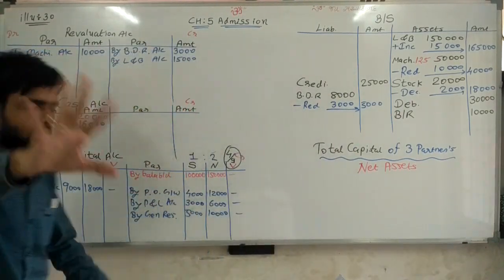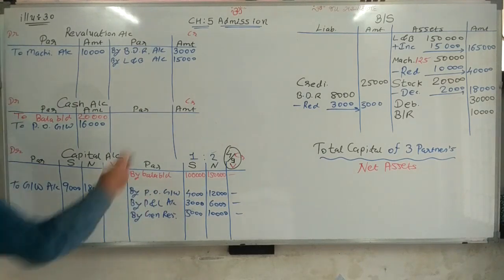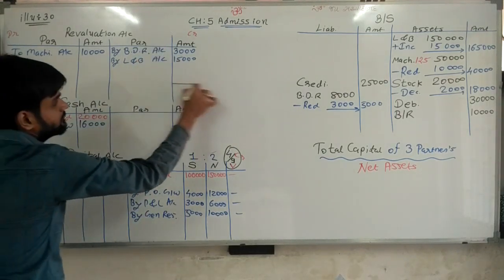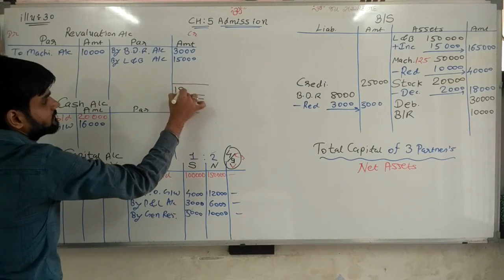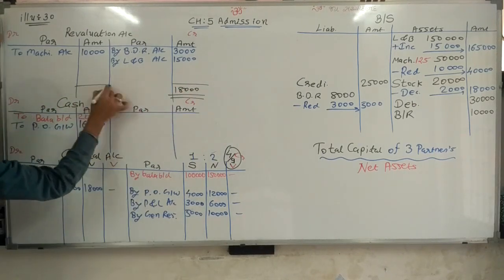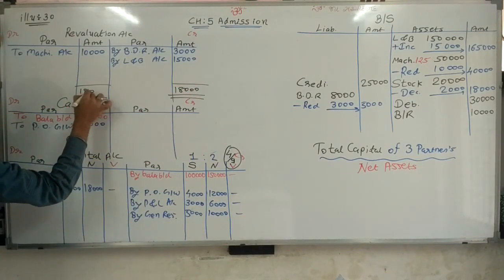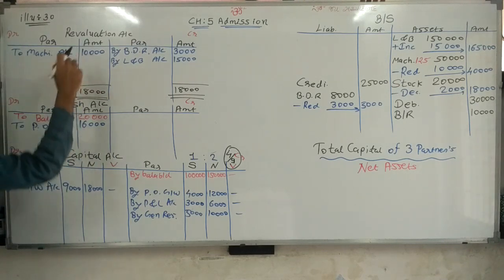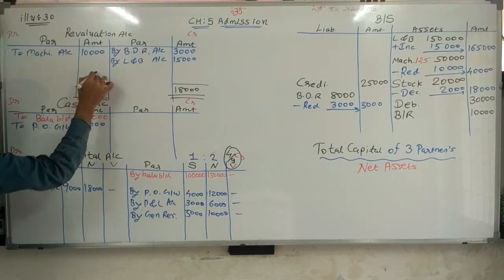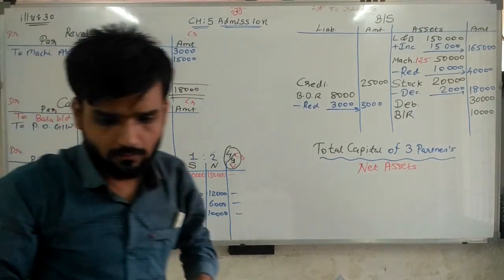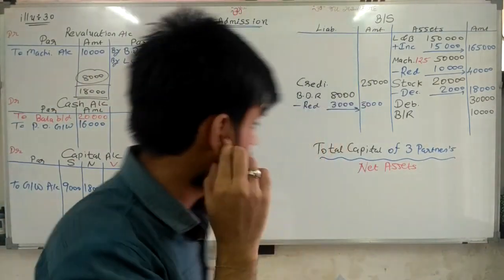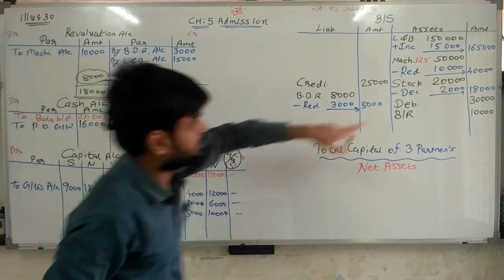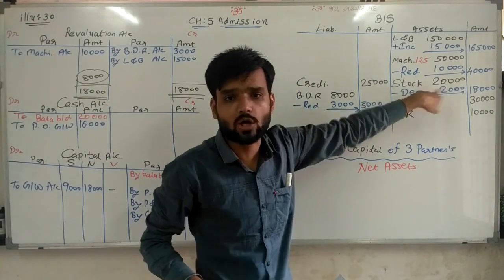Now closing our accounts. So first of all 15,000 and 3,000. Total is 18,000. From 18,000, 10,000 is deducted. We are getting 8,000 as our balance. Here one thing is not written: stock decrease 2,000.